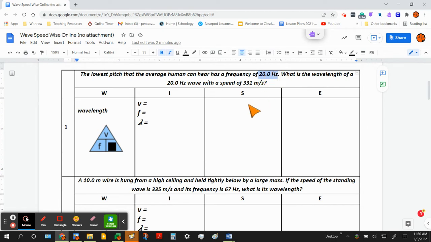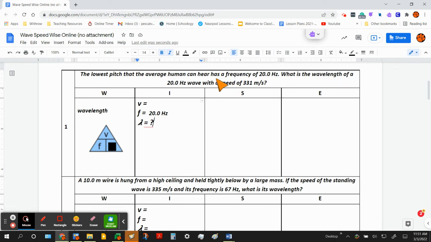I like to do this as I go through and just pick up what it says as the problem goes on. So the frequency is 20 hertz, so I will put that in the frequency box here. And it says, what is the wavelength? There's my question. So for the wavelength, you don't know, so put a question mark there. That helps you remember that there's nothing that goes here. This is what I'm looking for.